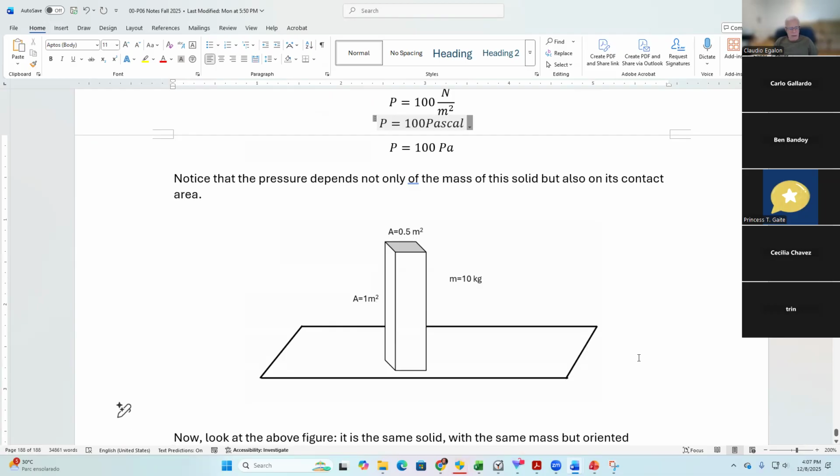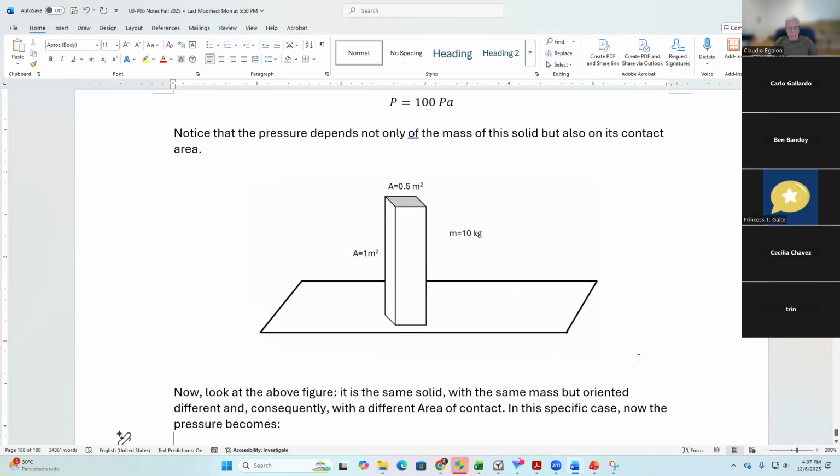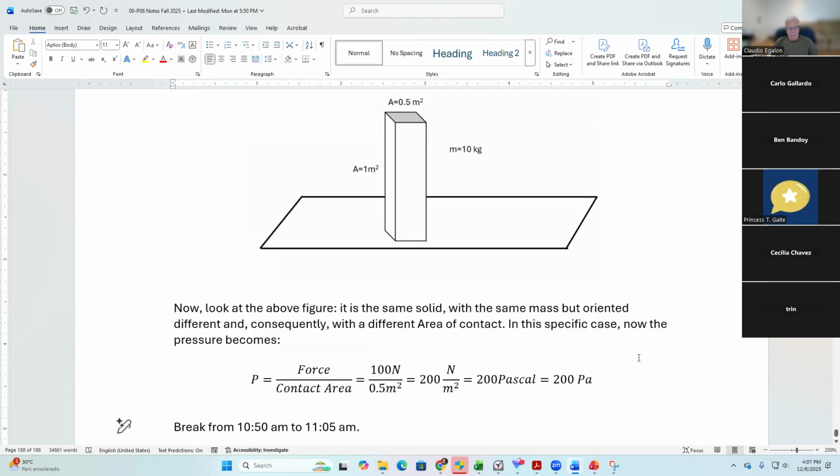The drawing is not necessarily a realistic one, okay? But at least you have an idea of how this concept works.